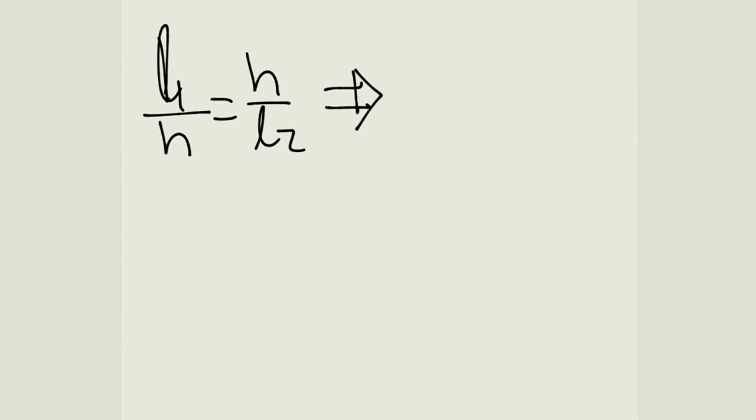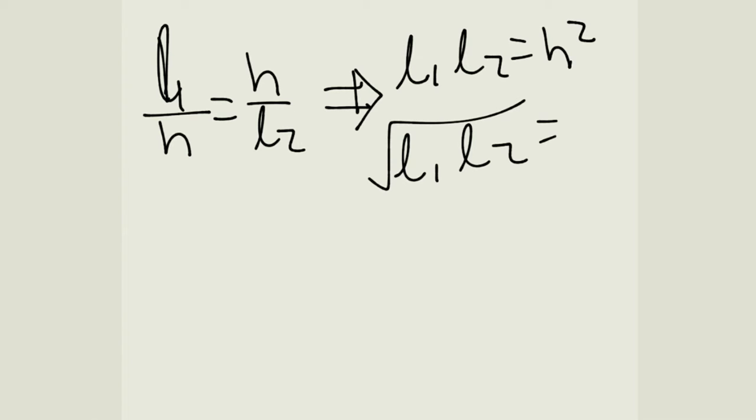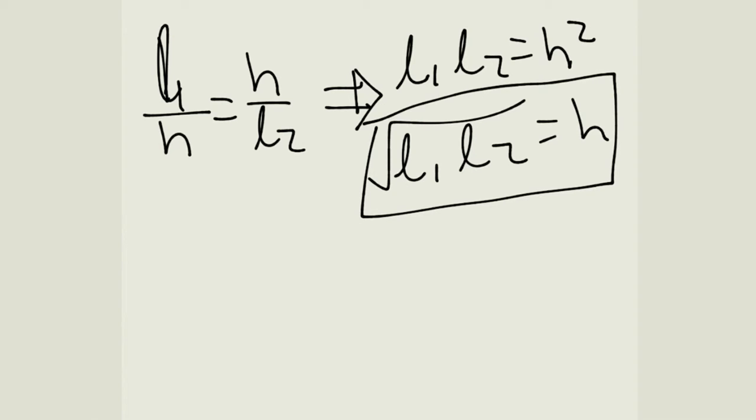Okay. So now L1 over H is H over L2, which becomes L1 times L2 equals H squared. And we solve for H: the square root of L1 times L2 equals H. And this is the geometric mean of two numbers.